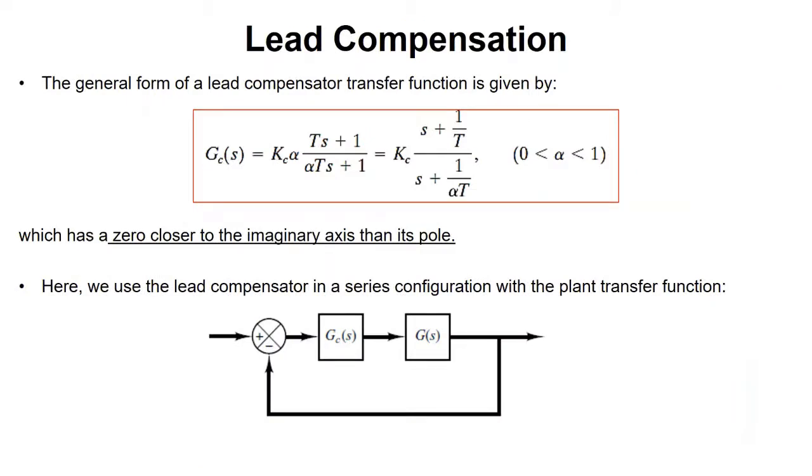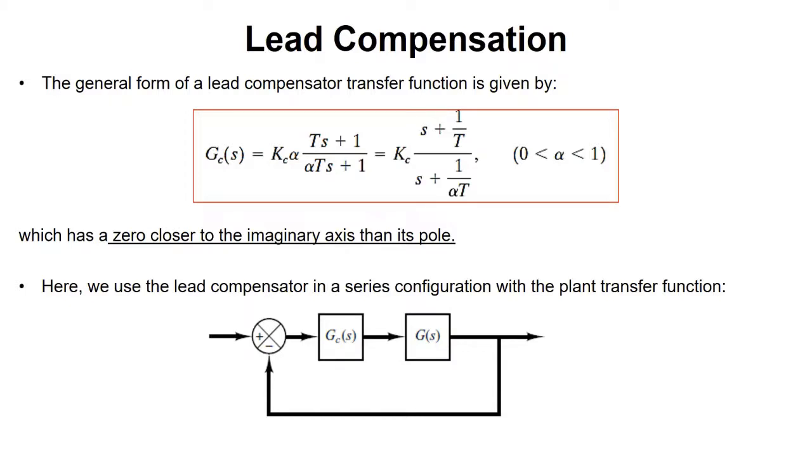Now, let's talk about the compensators that we wanted to discuss today. One is the lead compensator. That's the one I'm going to discuss in this video lecture, and in the next that I'm going to upload immediately afterwards, I am going to talk about the lag compensator.